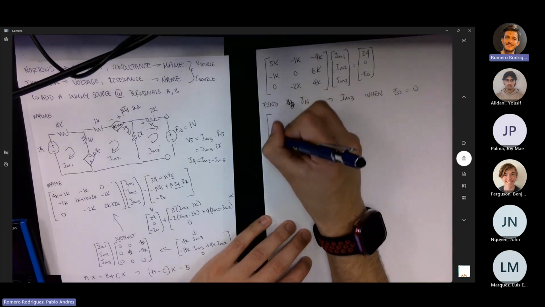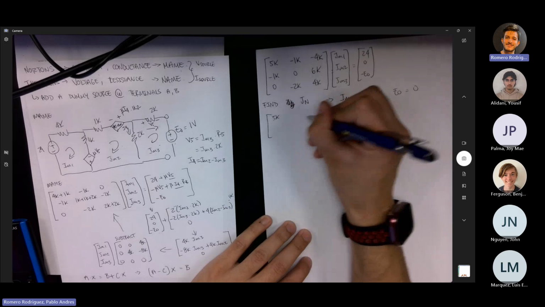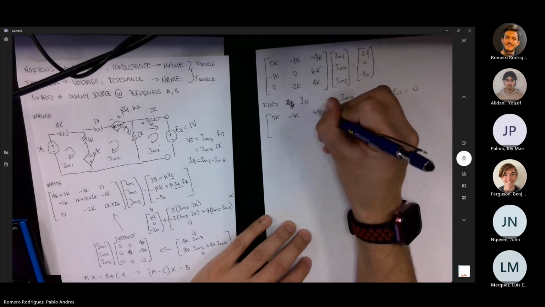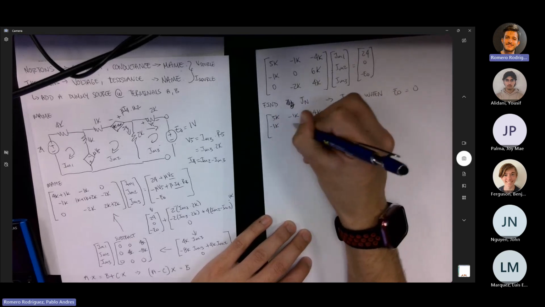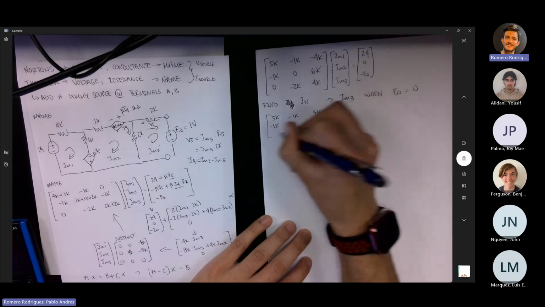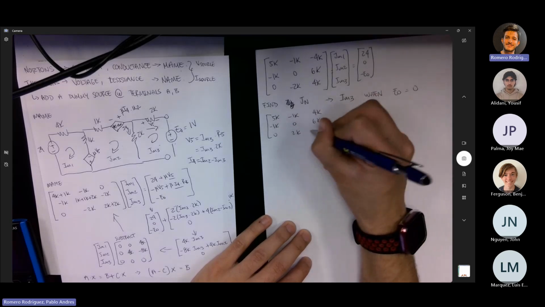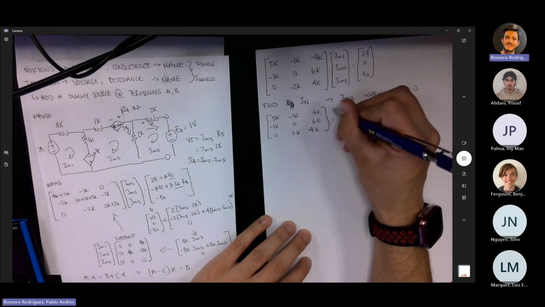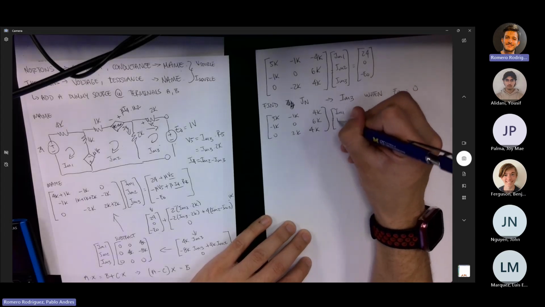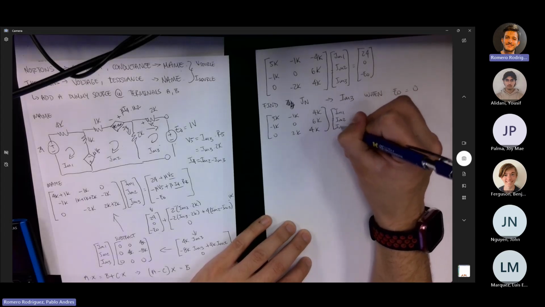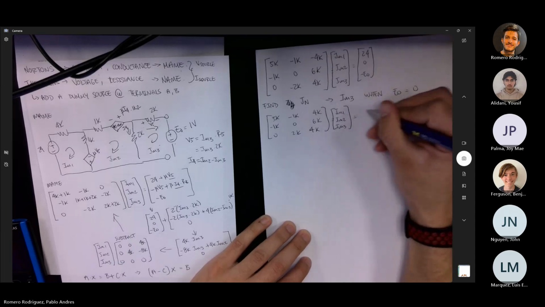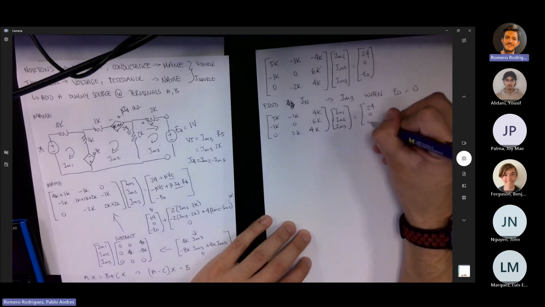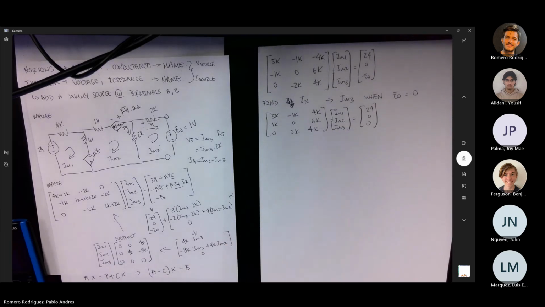So then you're going to have this matrix, 5K, negative 1K, 4K, negative 1K, 0, 6K, 0, 2K, 4K. Okay, let's look at IM2, IM3, 24, 0, 0, right?